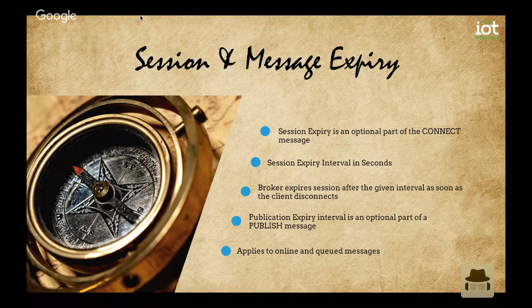And we have what we call a persistent session, which is a session the broker saves and persists. When the client is offline and comes back, the client can just resume the session. So essentially we have a state on the broker side.